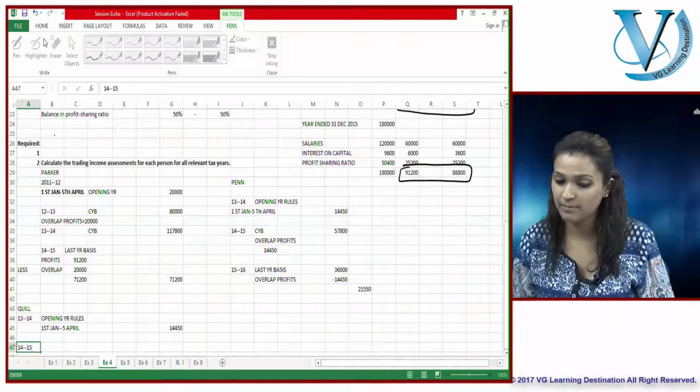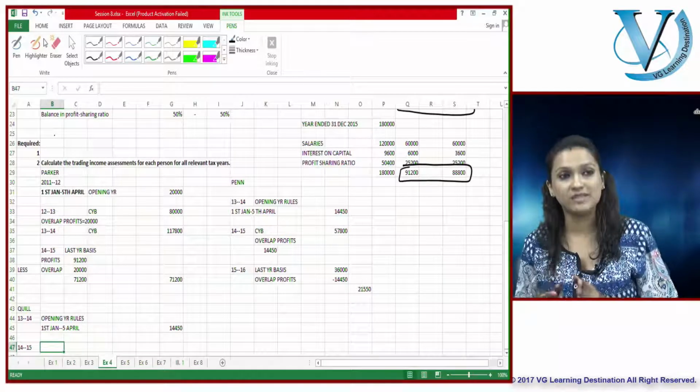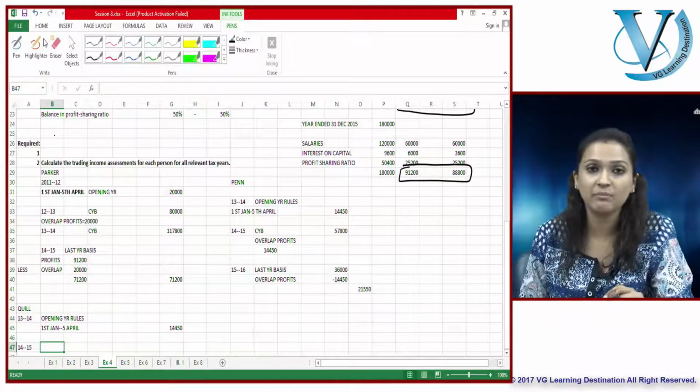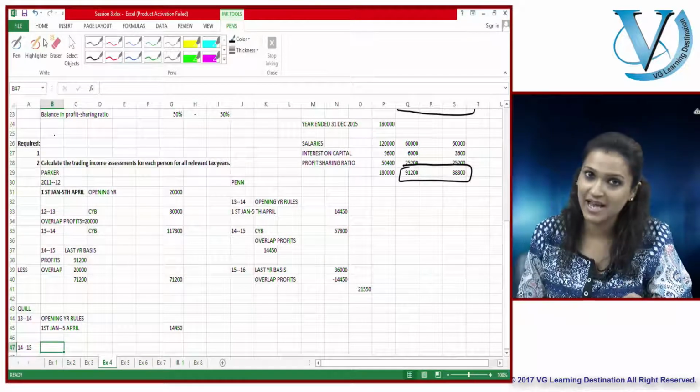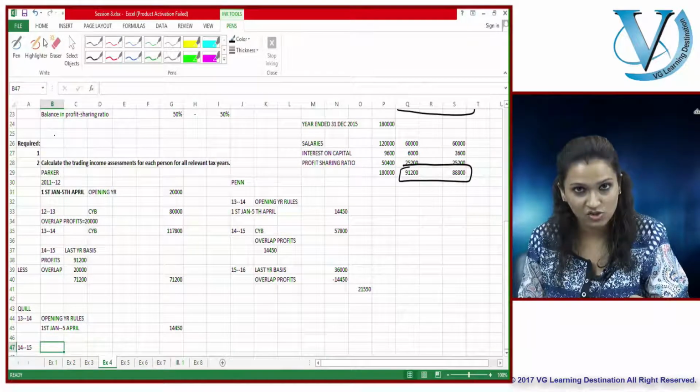14, 15, what happens? You ask yourself a few set of questions. Is there an accounting period end which ends this tax year? Yes, there is. Is it 12 months long? Yes, it is 12 months long.